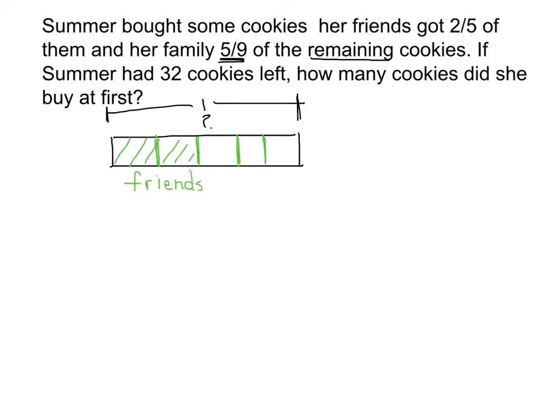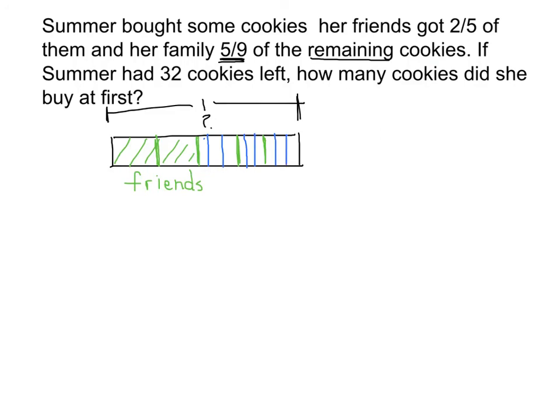And then the story says that her family got 5/9 of the remaining cookies. So the 3/5 that are left, I've got to split them into 9ths. So that would be 1 part, 2 parts, 3 parts, 4 parts, 5 parts, 6 parts, 7 parts, 8 parts, 9 parts.